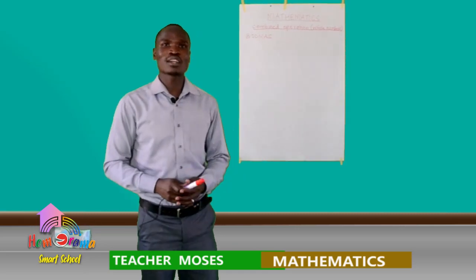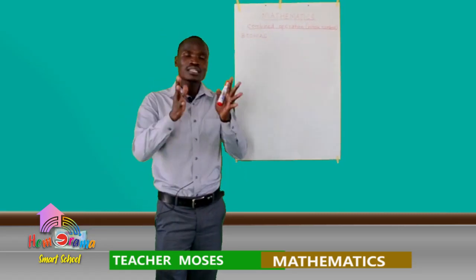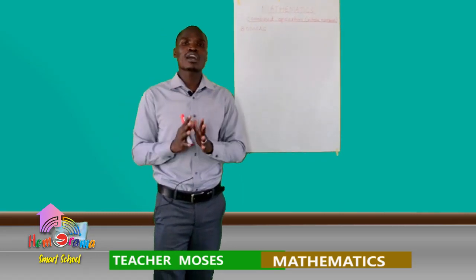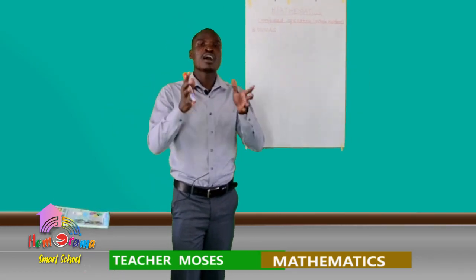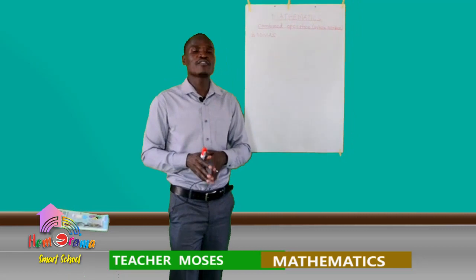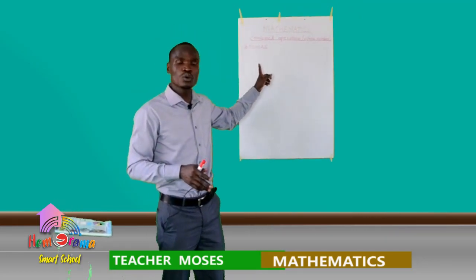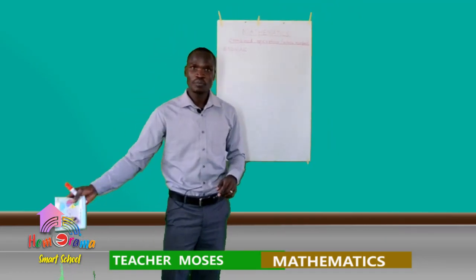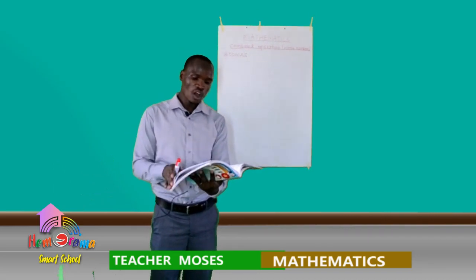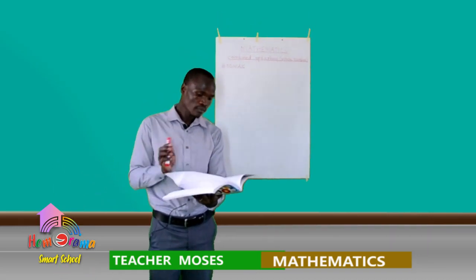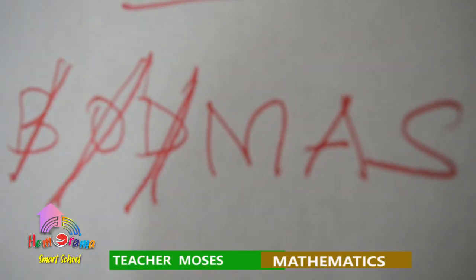I'm going to give you one question, and we are going to look at the signs that we have, and then solve the problem using the rule of BODMAS. Our question is going to be very simple.